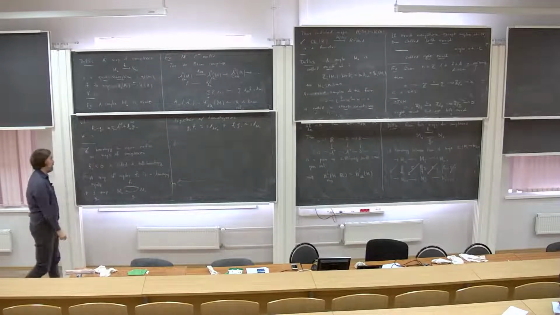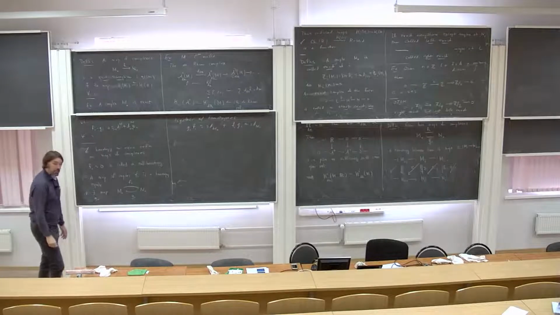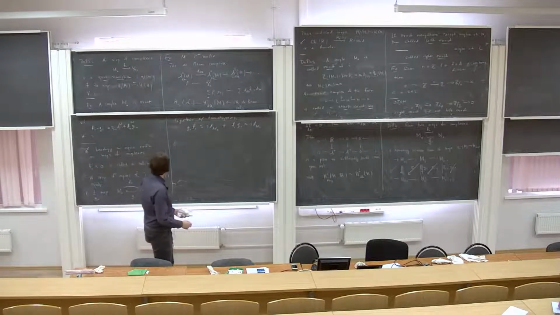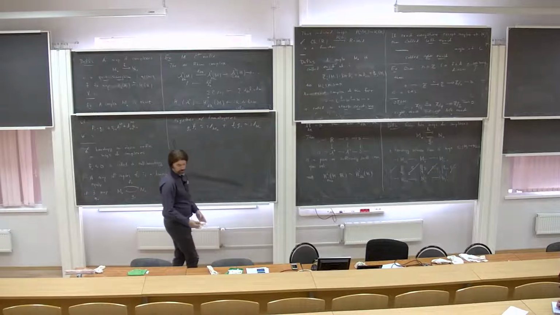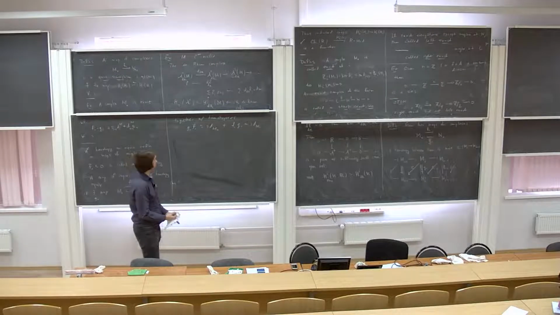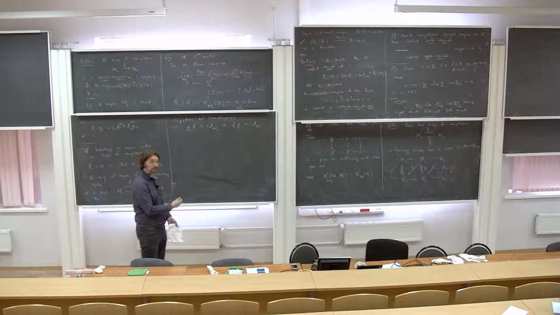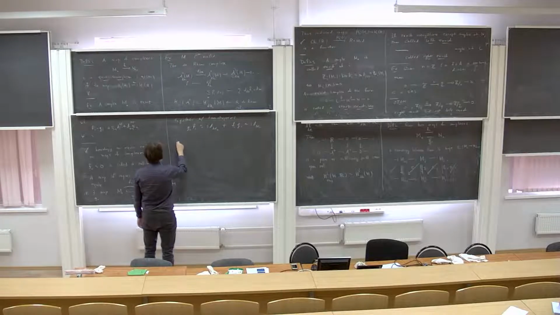Okay, so this we will see in just a moment. This will imply that a homotopy equivalence is a quasi-isomorphism, but it's a stronger notion. So we will study the situations in which being a quasi-isomorphism implies a homotopy equivalence, but it's not true in general.